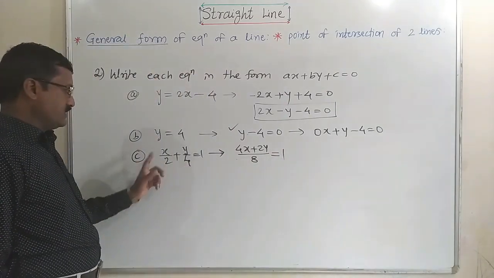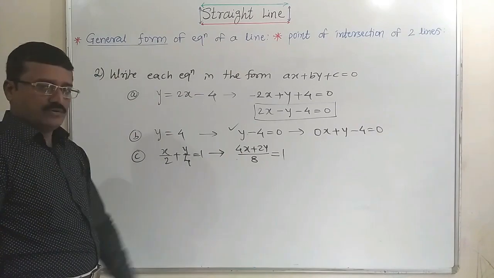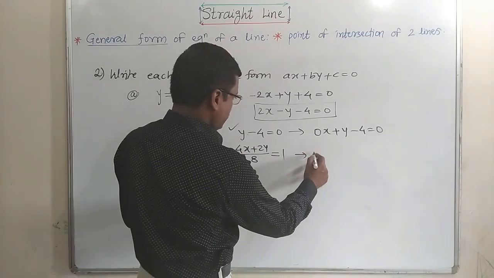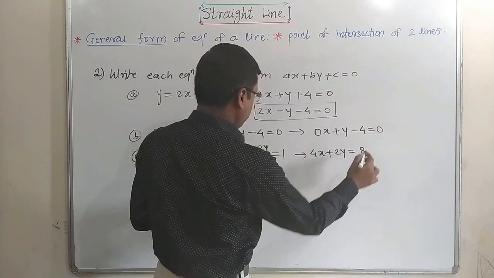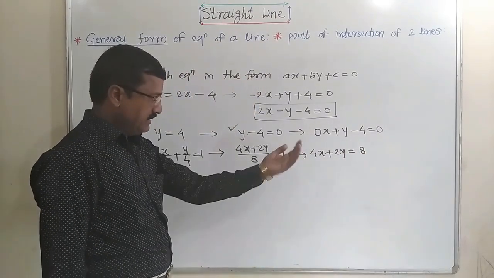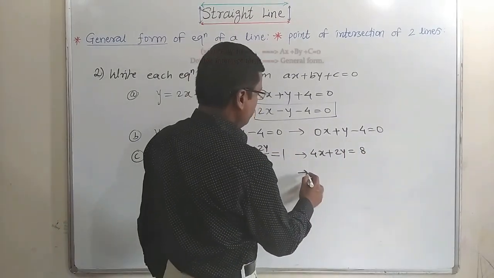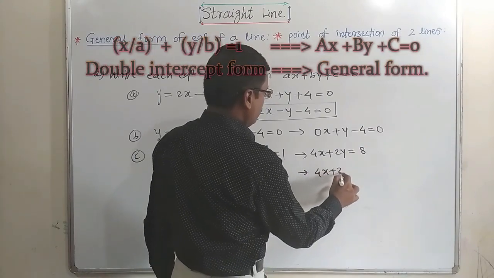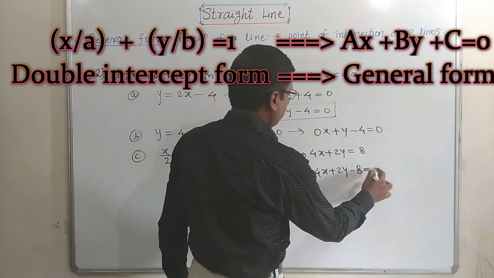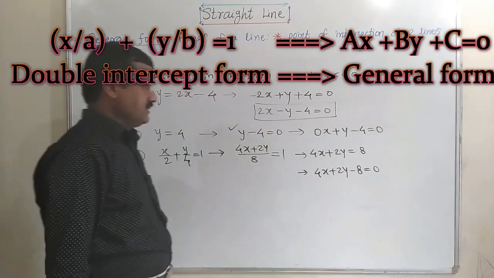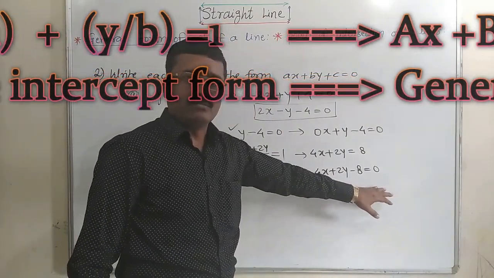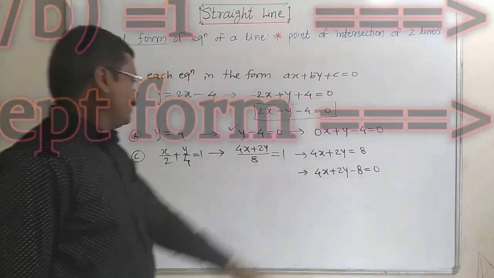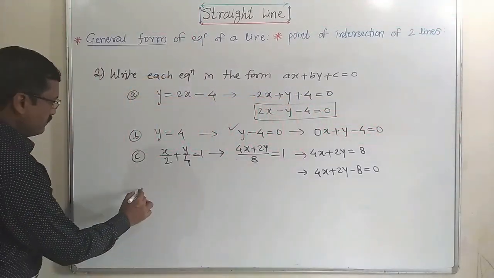So 4x plus 2y equal to 8, taking 8 to the right. Again take that 8 to the left, it becomes 4x plus 2y minus 8 equal to 0, which is the general form of the equation of line, that is ax plus by plus c equal to 0.